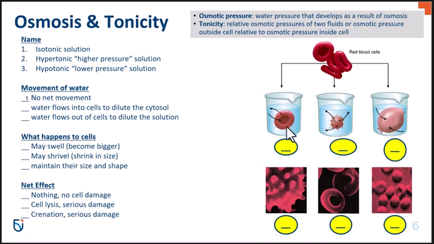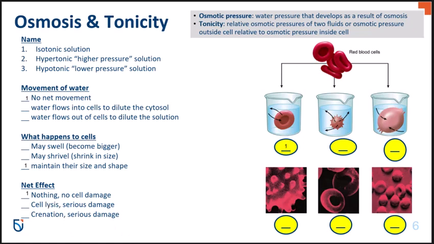So because it's the same inside and outside, there's no net movement of water. We don't have large amounts of water flooding in the cell or large amounts of water flooding out of the cell. So this is the scenario that we want within our body. Cells are able to maintain their size and shape, and they're not going to be damaged in this solution.